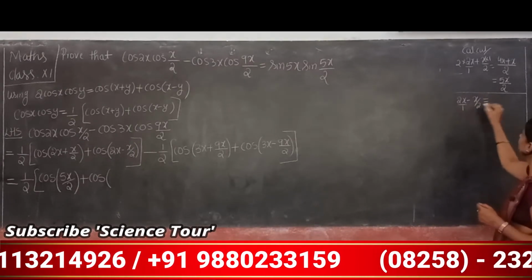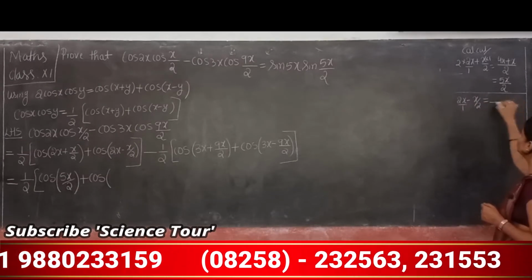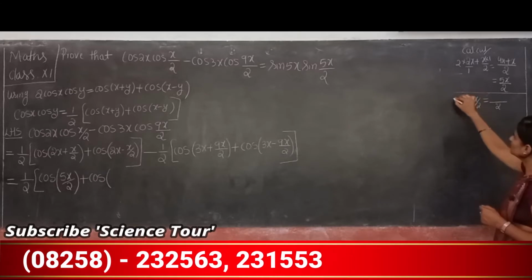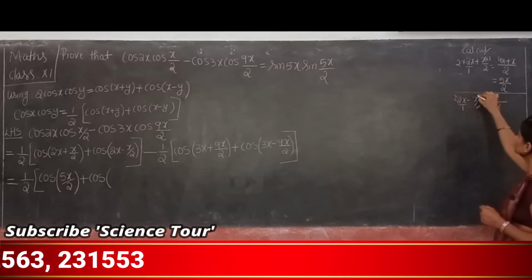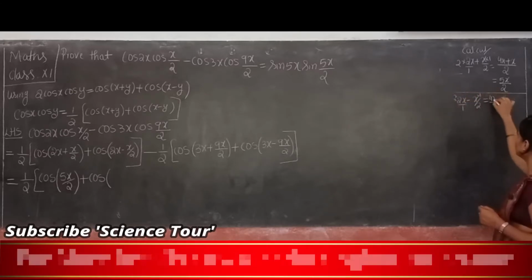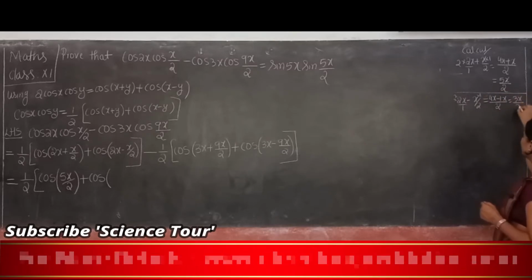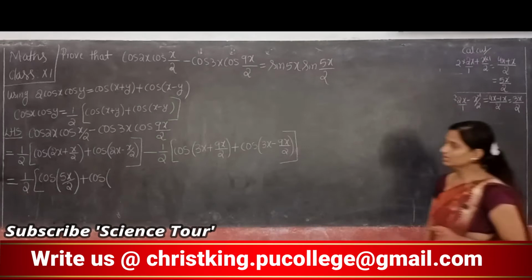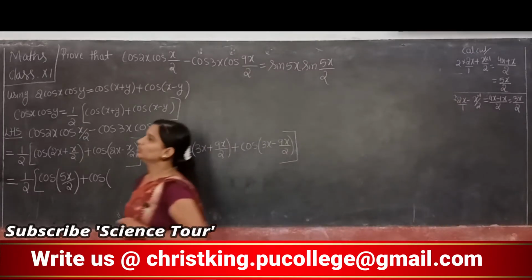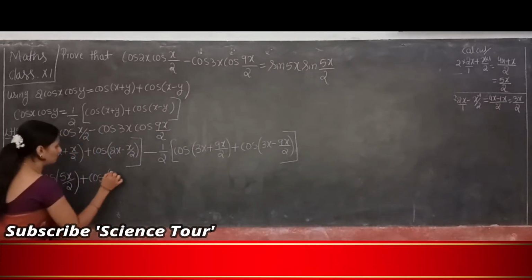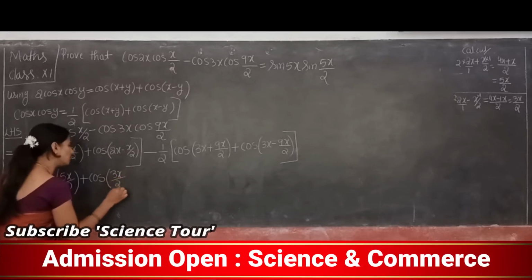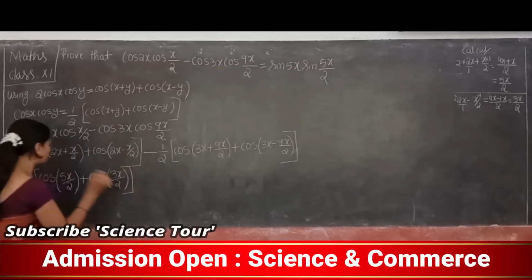So 2 and 1, the LCM is 2. 1 how much here? 1 2s are 2. 2 how much here? 2 1s are 2. So 4x minus 1x is 3x divided by 2. Correct, no? 2x minus x by 2 is 3x divided by 2. So close this bracket.